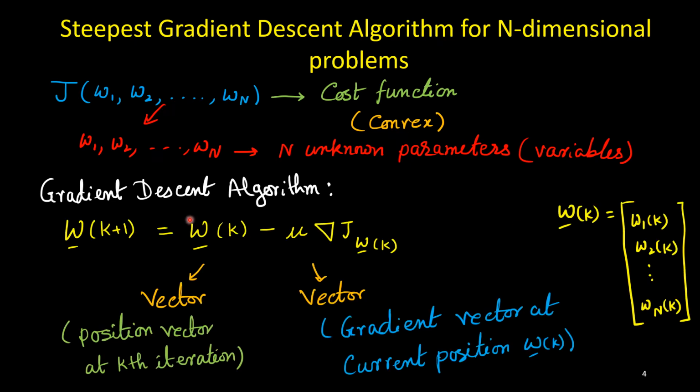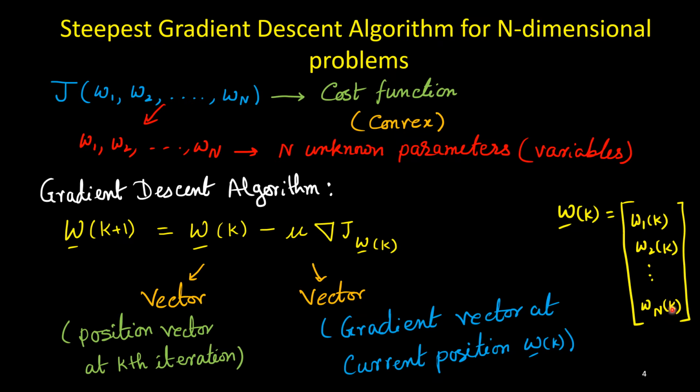Gradient descent is an iterative algorithm. In every iteration, we want to adjust our weight vector. So wk we'll call the weight vector, that is w1k, w2k up to wnk.